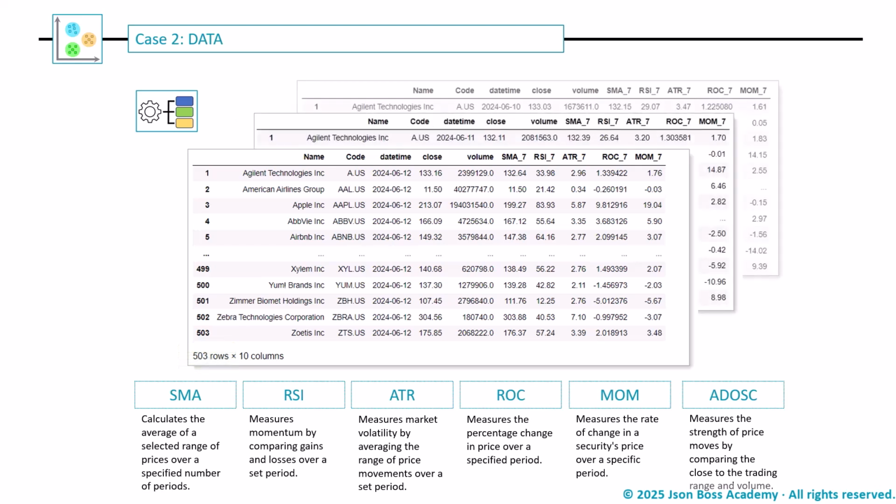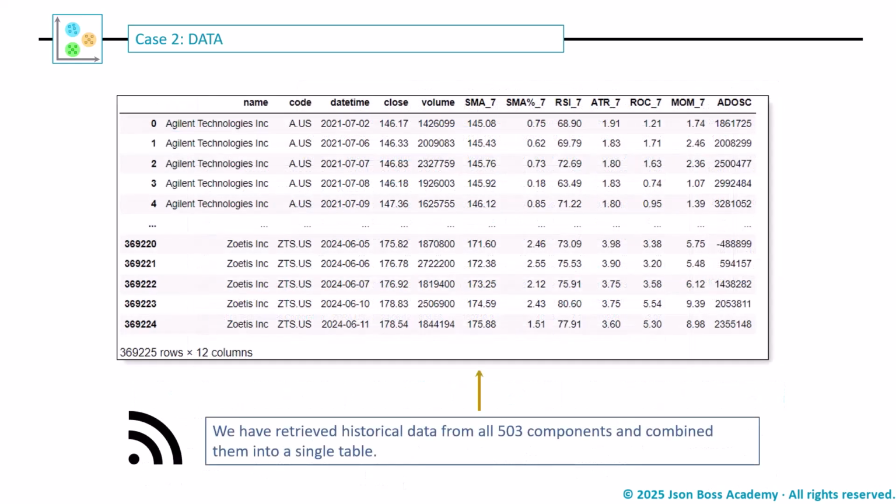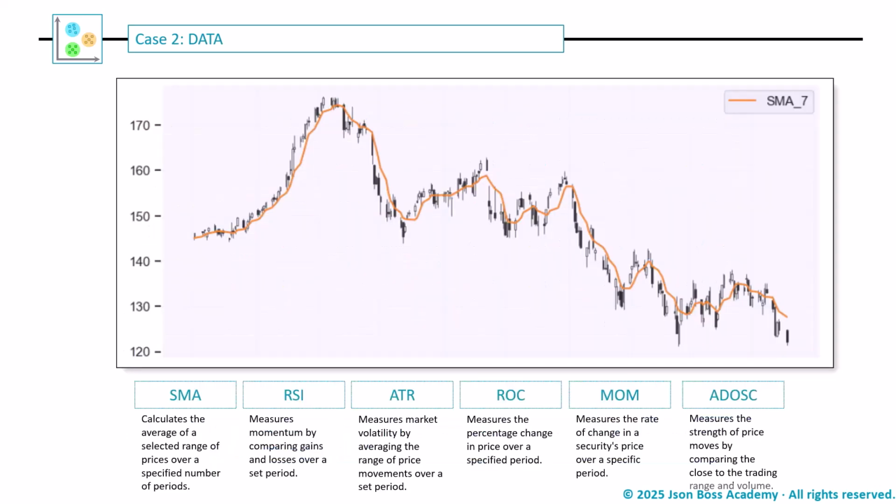We will now combine all the data into a single table. Given the historical data for 503 components, we obtain nearly 370,000 lines or examples for the algorithm to learn the patterns. Although we covered this in the lecture label selection, the key to unlocking the power of machine learning and technical analysis, remember that a moving average cannot be used directly because training with prices at 170 is not applicable to prices at 120.